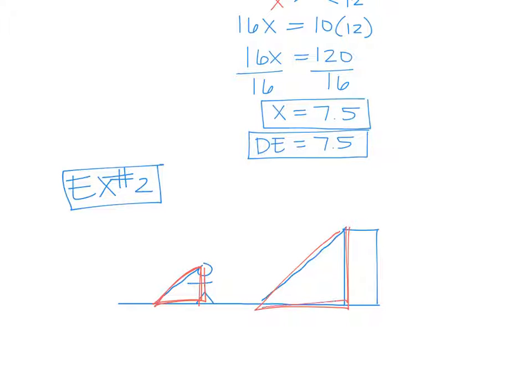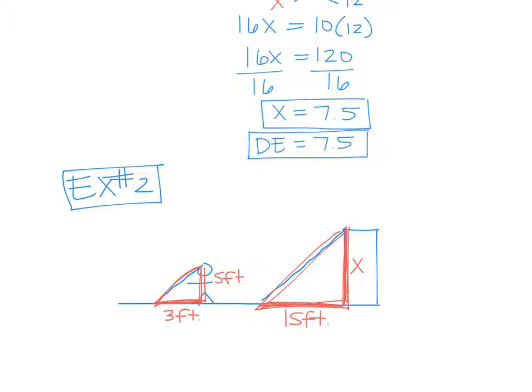If we know the girl is 5 feet tall, and then we measure her shadow as 3 feet, and we want to know how tall is the building, so that's going to be our x, but we can measure the building's shadow as 15 feet.